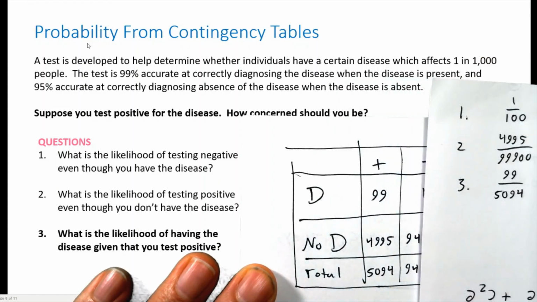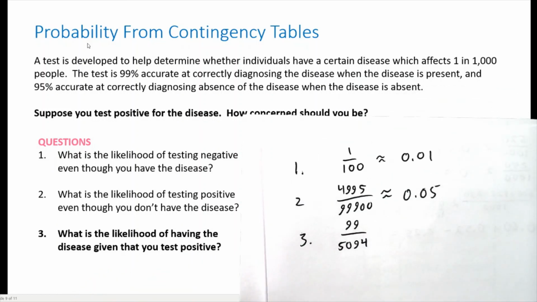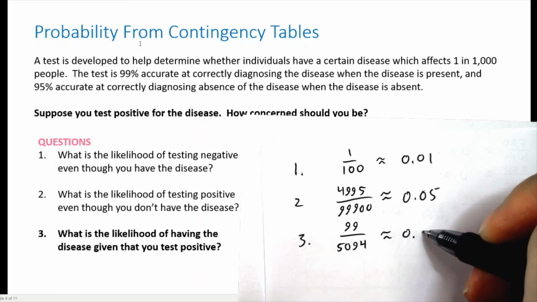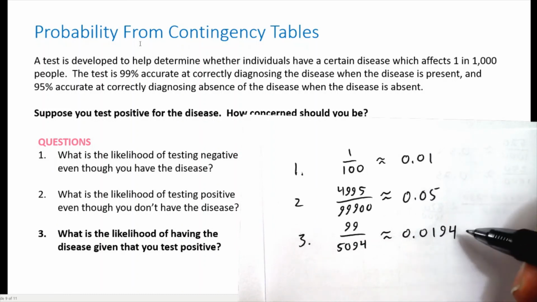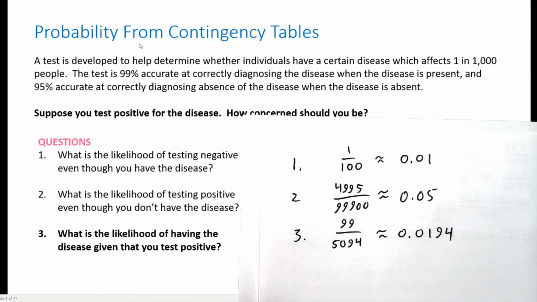What is that? 0.0194 is what I'm getting.